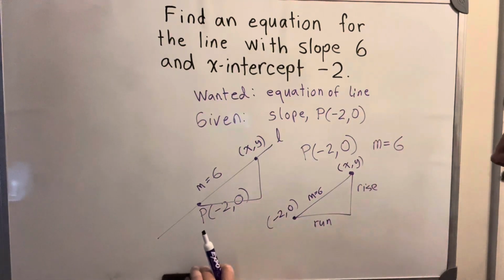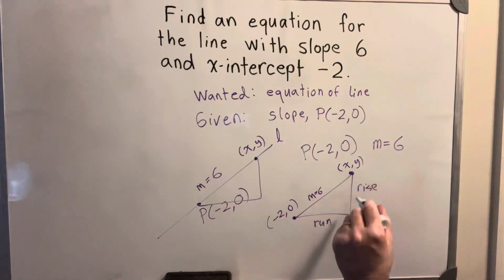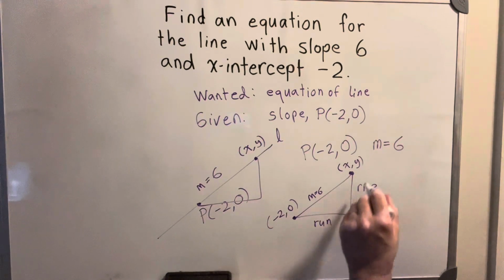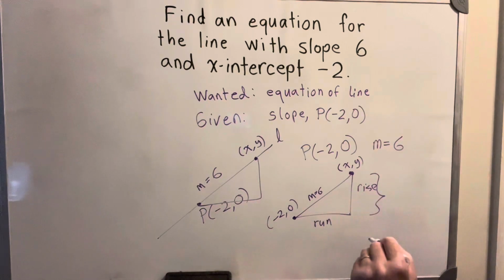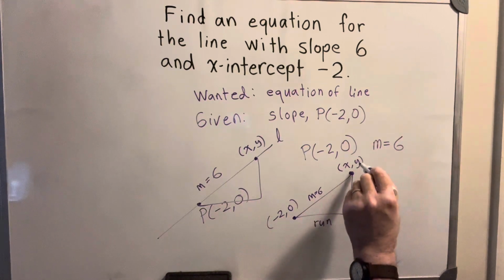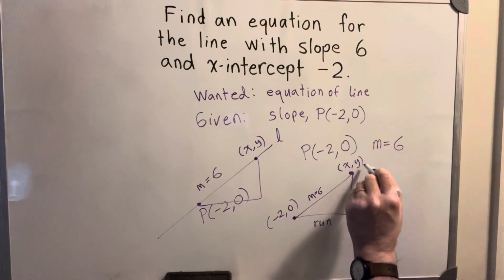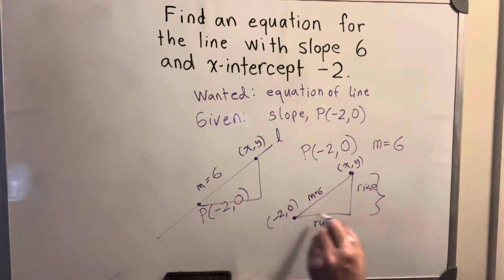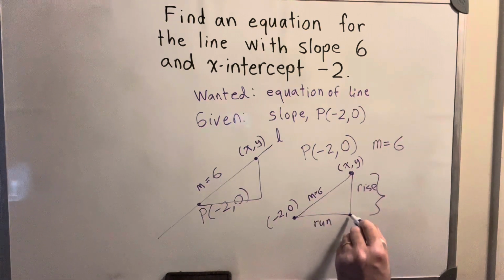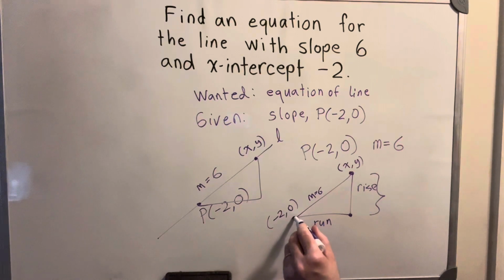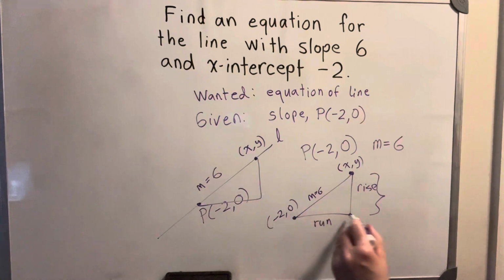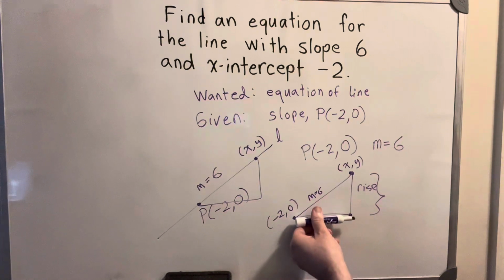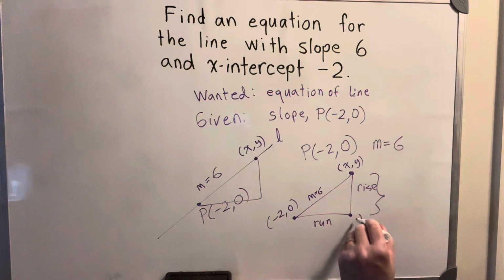There's one other thing we need. We can say that this distance is going to be the difference between the y coordinates. This one's y coordinate is y. And now look, we know that this point's y coordinate is 0, since this part is completely flat.